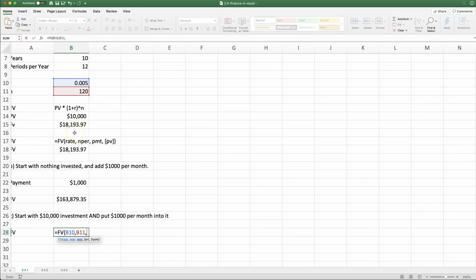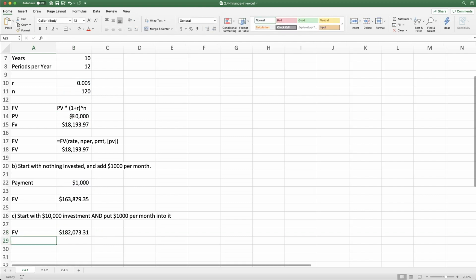The payment is still the 1,000, remembering to put that negative sign in front of it. And the present value is 10,000, remembering to put the negative sign in front of it. I close my parenthesis and hit enter, and I have $182,073.31. This is how much I'm going to have after 10 years if I start with $10,000 and put $1,000 per month into the account.